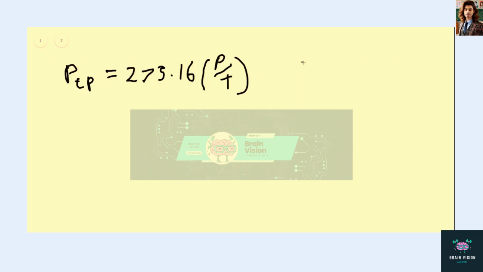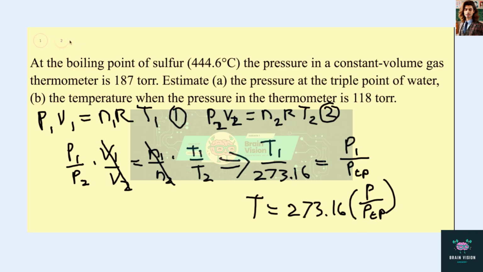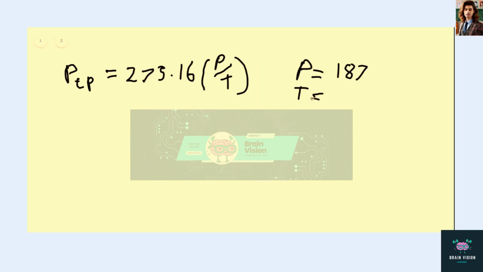Substituting in, P is equal to 187 and the temperature is equal to 446 plus the absolute zero offset, 273.15, so the temperature is 717.76.